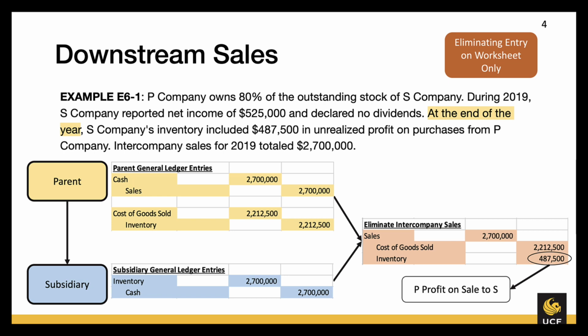We don't want that inventory marked up when it hasn't left our consolidated entity. So in order to mark it back down to the price it entered the consolidated entity at, which is the 2.2 million, we're going to credit inventory to back out the profit that our parent company recognized on the sale of those goods to S until such time as this inventory leaves our consolidated entity.